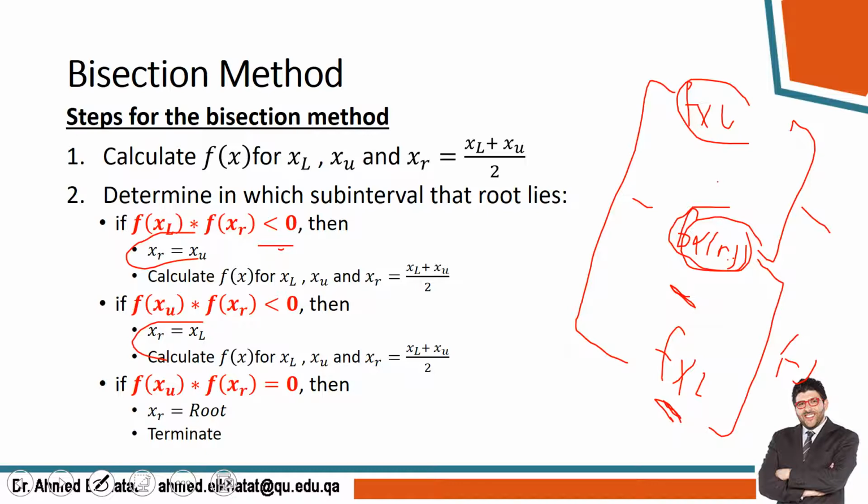If the product is 0, because anything multiplied by 0 gives 0, then f of xr equals 0, so xr is the root, and we terminate.